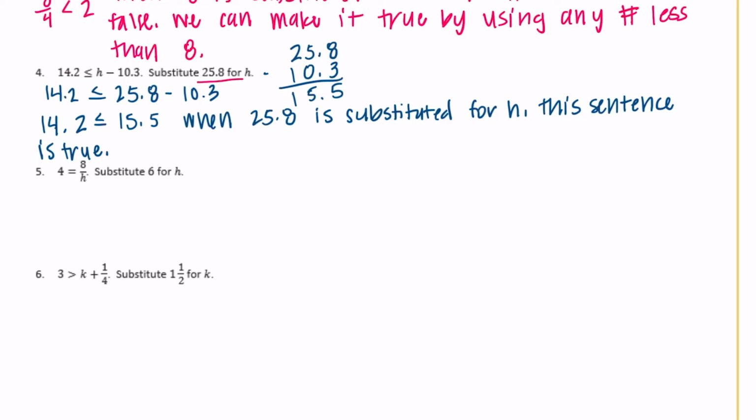Well, it is less than or equal to by, let's see, 15 5/10 would be 1 3/10 greater than 14 2/10. So if we used any number, let's subtract 1 3/10 from that. So we could use any number that's less than 24 5/10 to make it false.